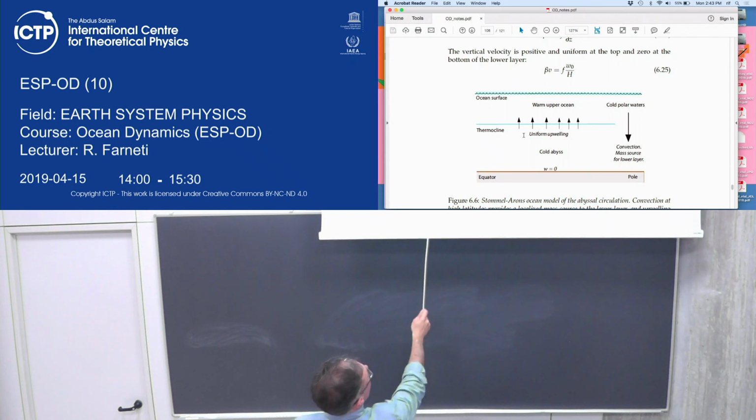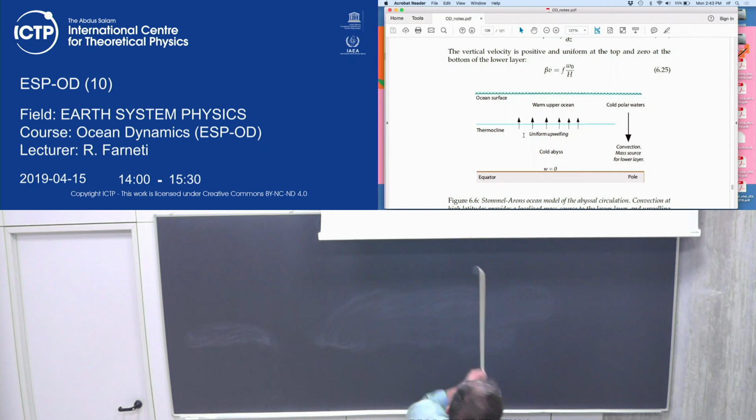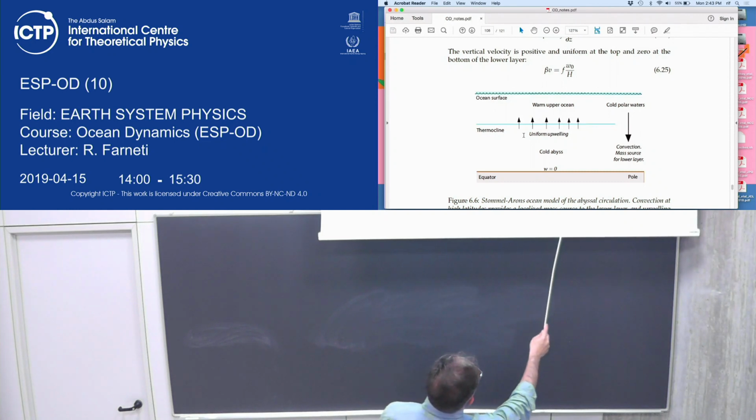Okay, and here we set our equator. Then the water will have to go back to somewhere to the North Pole, and we'll see how it does it.